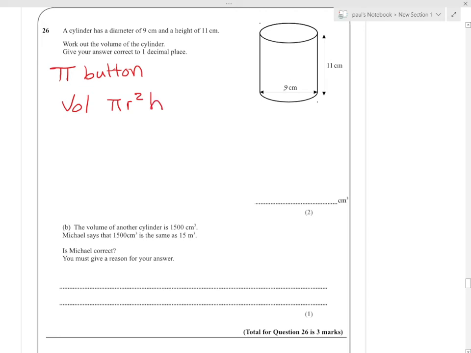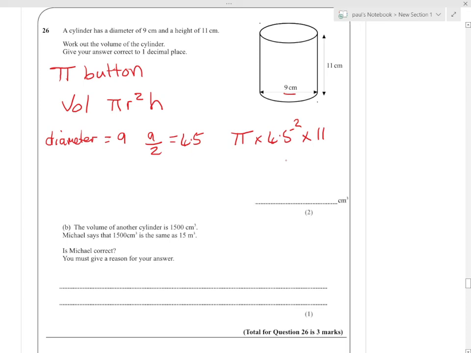Now that's the diameter. So the diameter is equal to 9. Therefore, the radius is equal to 4.5. It's half. So we've got pi times 4.5 squared times 11.